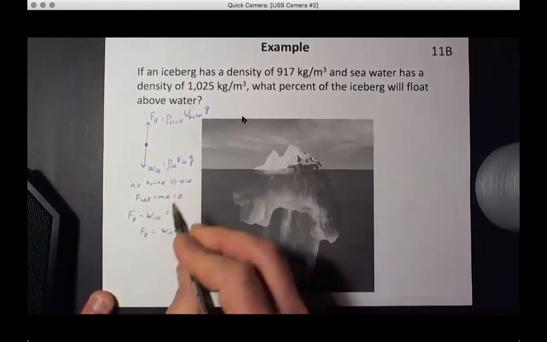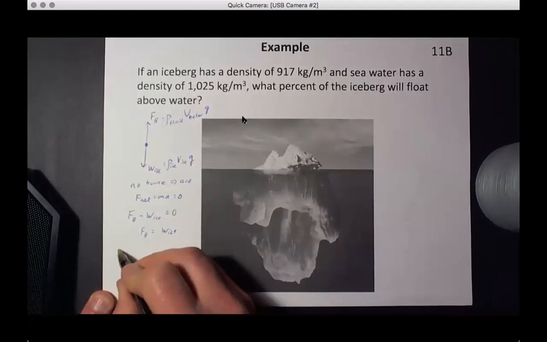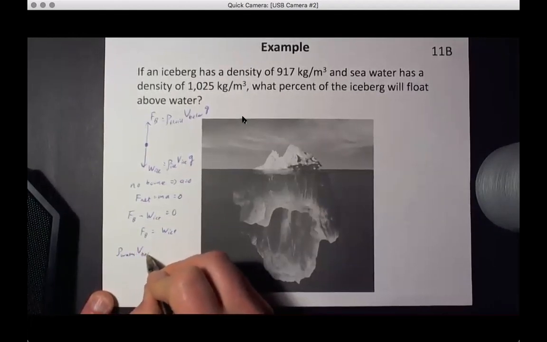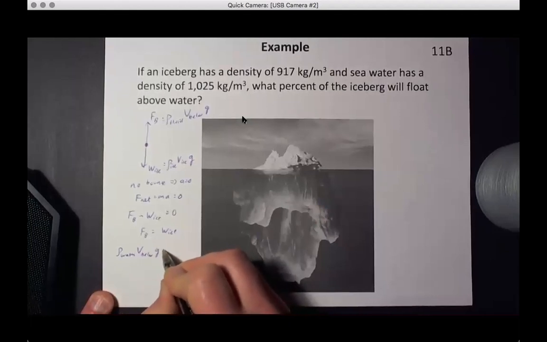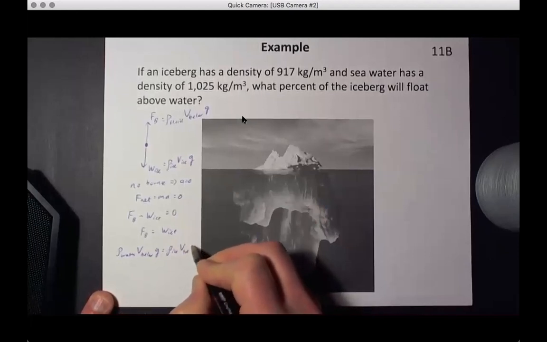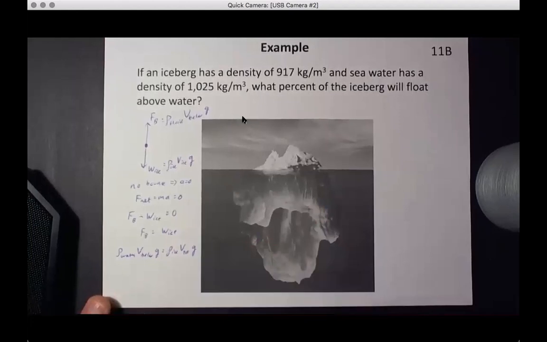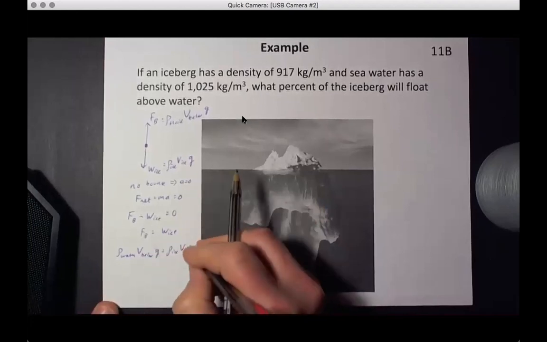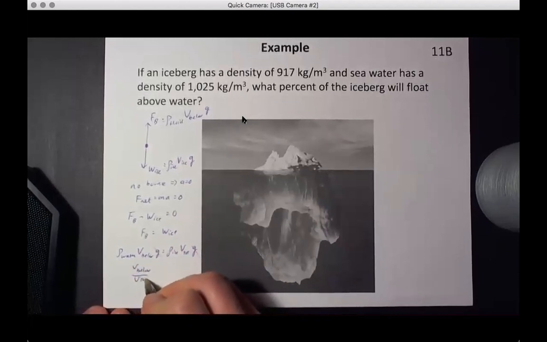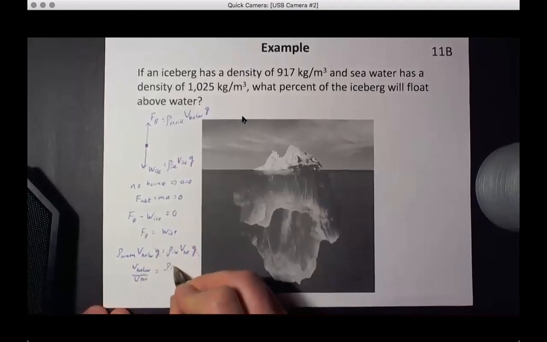If we plug in what we have written over here, it's rho water, V below, g is equal to rho ice, V total, times g. The g's come out, and we get V below over V total is equal to rho ice over rho water.